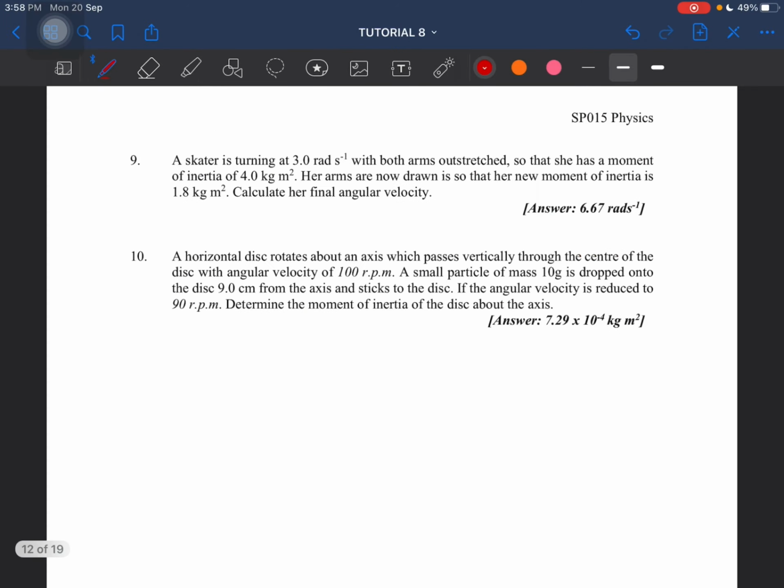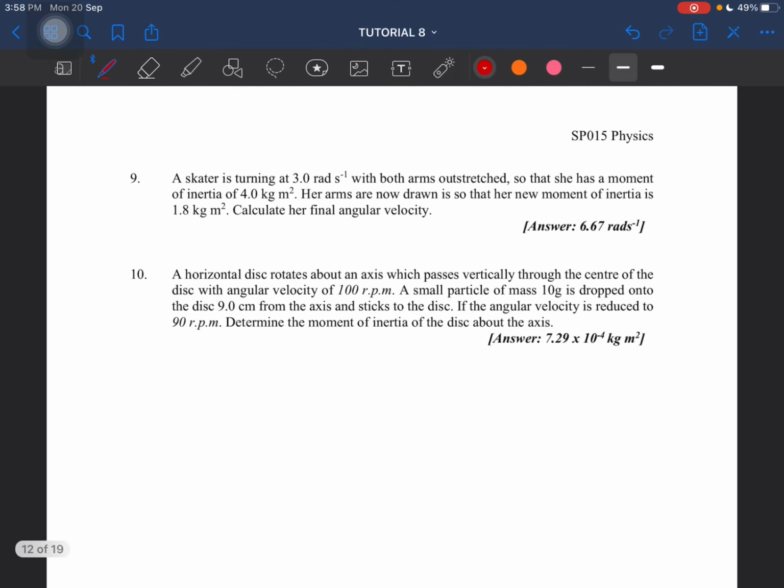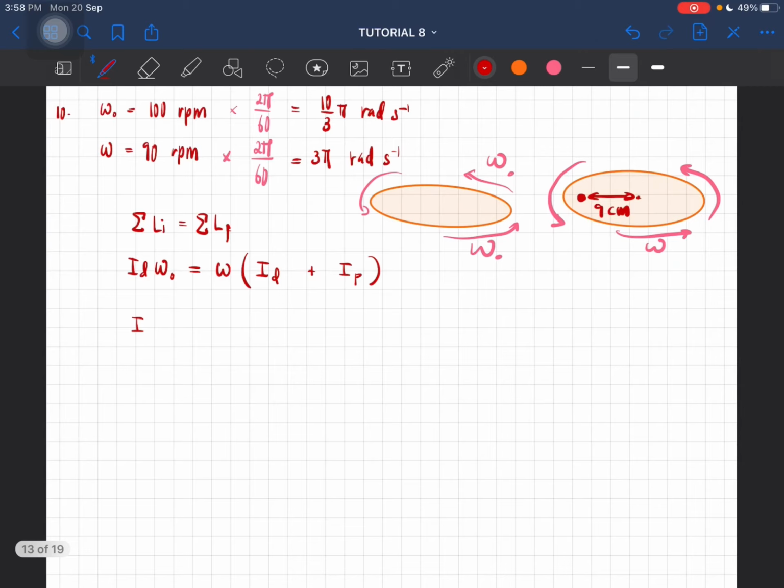Okay, after that, the moment of inertia of the particle is not given. But for a particle, you will use the moment of inertia equation to be just mr square. Okay, so if we rearrange this, you can get the moment of inertia of the disk to be, after rearranging, your final equation should be something like this: omega over omega naught minus omega.